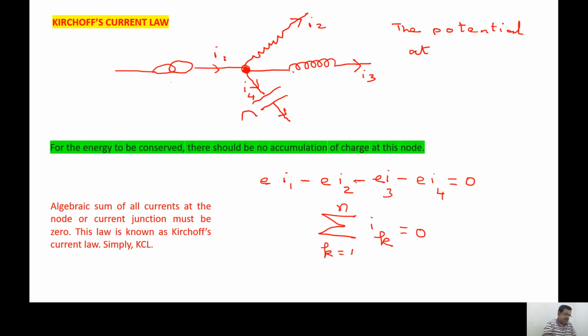So the potential at the node here is small e, and the current junction shares the same potential.